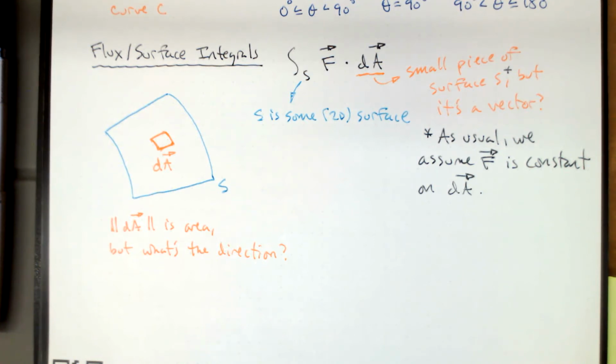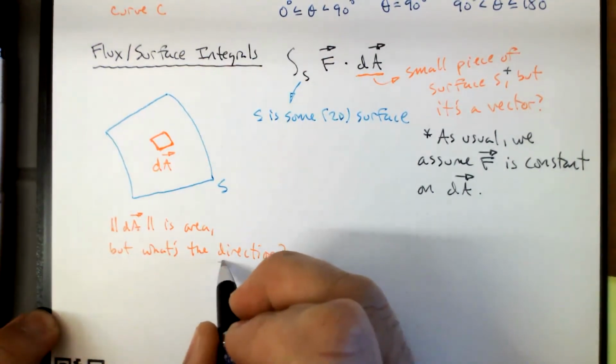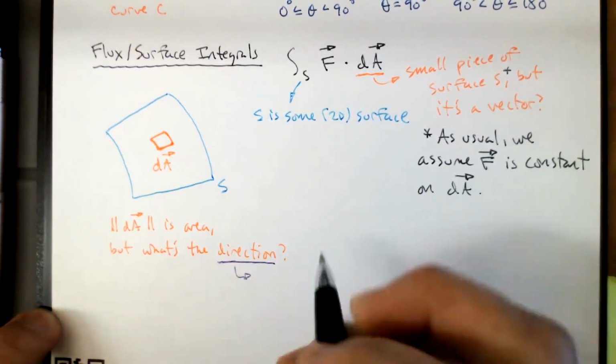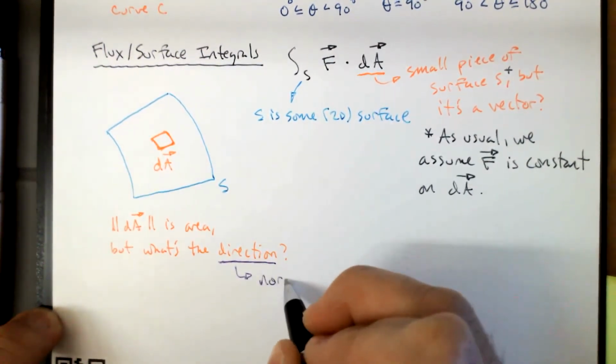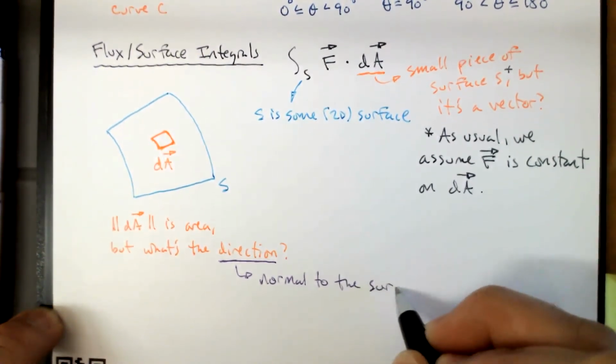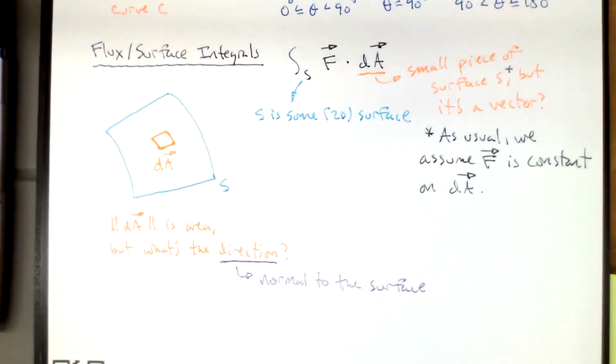Any suggestions for what we should use? We've got a surface, and I need one direction. We really only have one choice. There's a surface, we need to assign a vector. We will assign the normal vector.